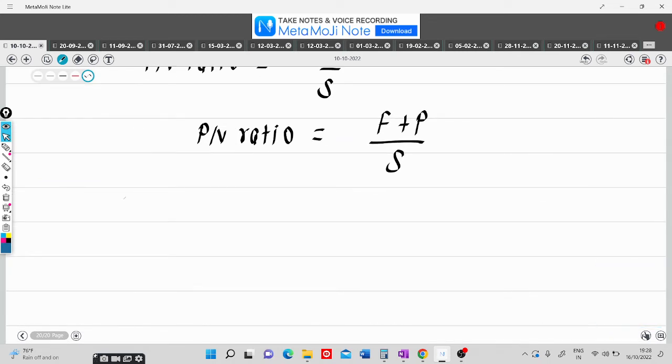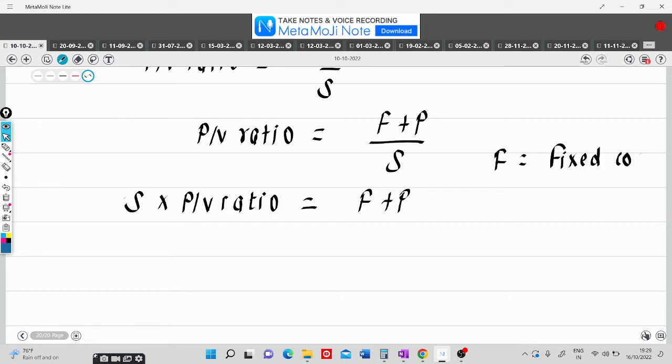By doing cross multiplication, we get sales into PV ratio is equal to fixed cost plus profit. Here F is fixed cost, P is profit. Now we are interested in calculating P, that is profit.